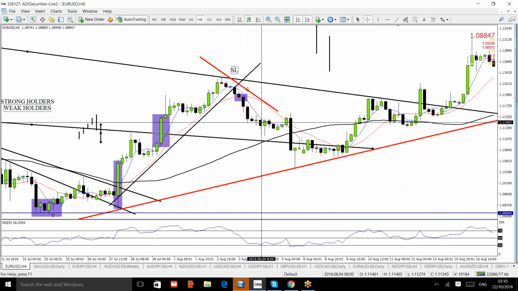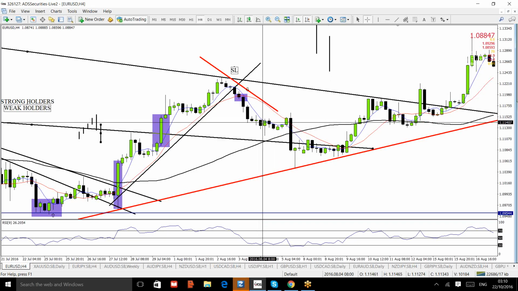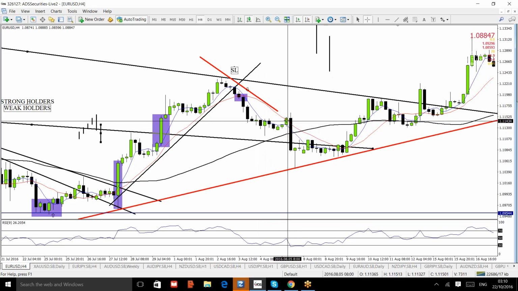This is not a bullish candle, guys, because see this candle fails to break the high of the previous candle, right? Who is in control? Sellers in control, right? This candle rises, sellers still in control. This candle suggests by no means the buyers are in control.